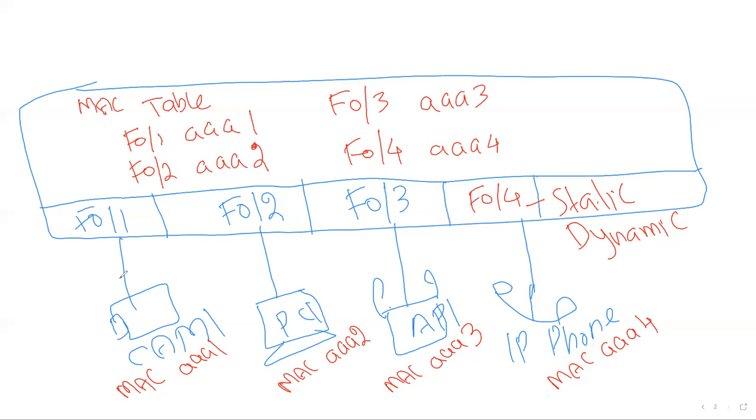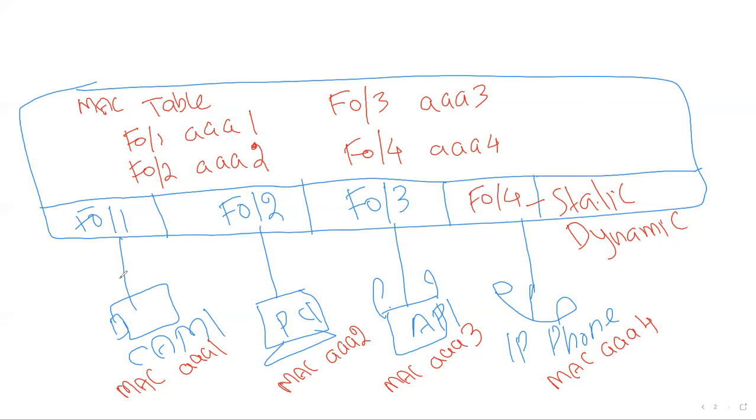We have an in-depth concept to understand the process by which the switch learns the MAC. Initially, when you purchase a switch, the switch MAC table is empty. The switch does not know who is connected to it. Even from the edge device's perspective, the edge device does not know who else is connected to the same switch.